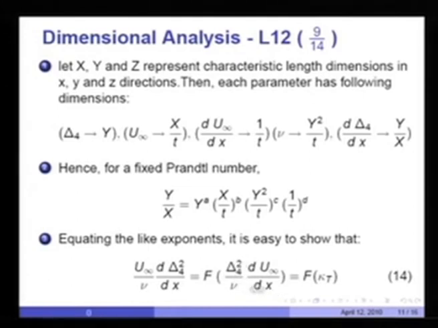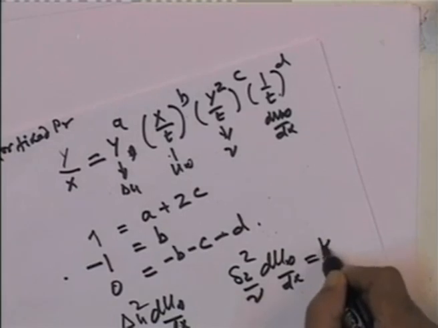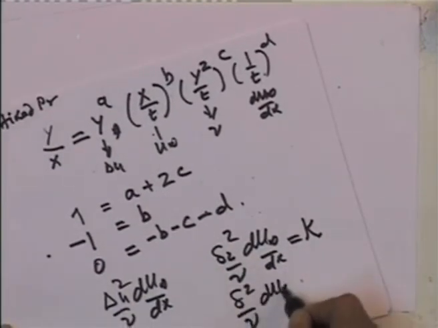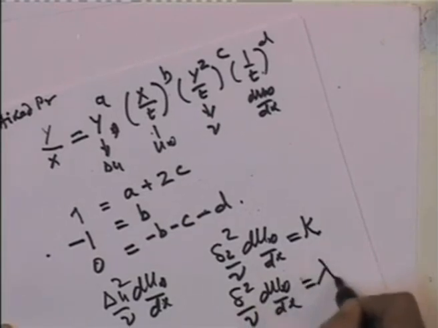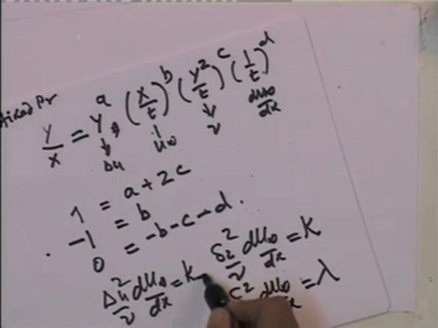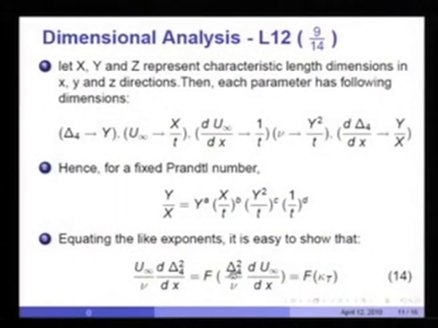Remember, this quantity is very similar to delta 2 squared by nu du infinity by dx, which we had called kappa, and also delta squared by nu du infinity by dx, which was called lambda. So, it is very analogous, and therefore, I call it kappa T to indicate that this is the thermal parameter associated with conduction thickness delta 4.